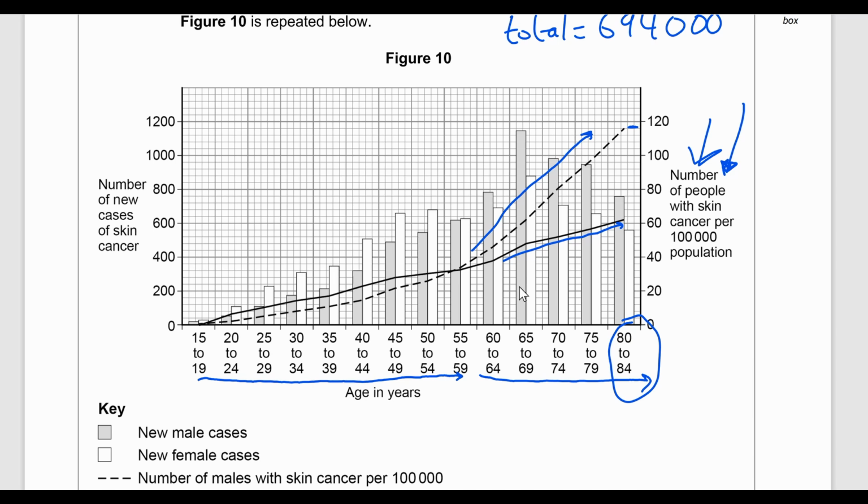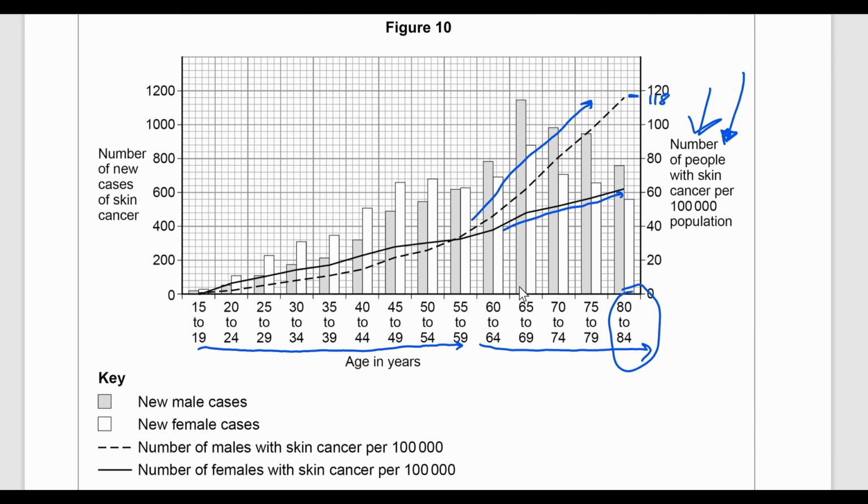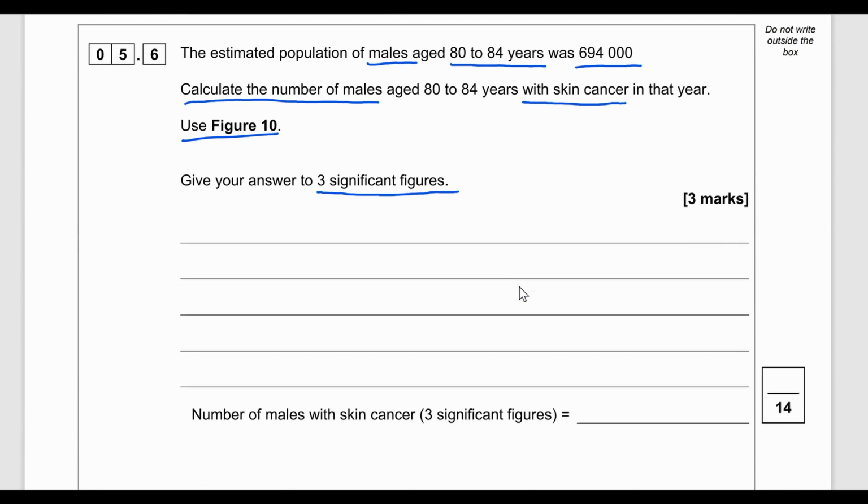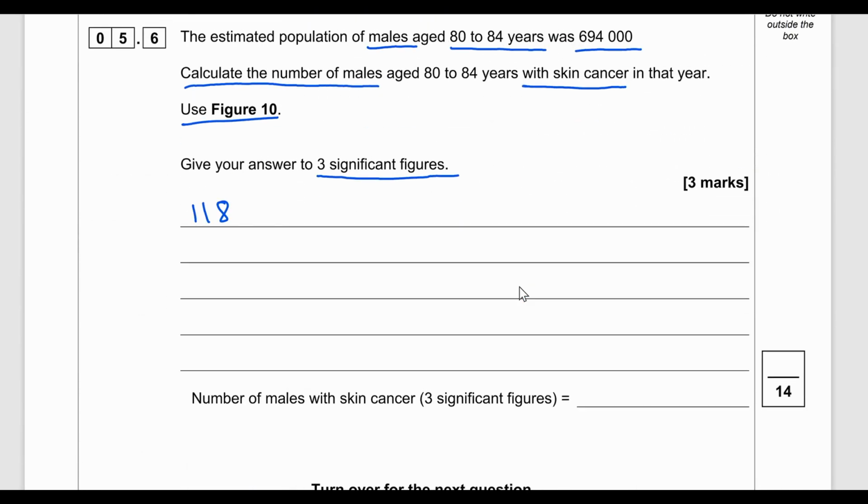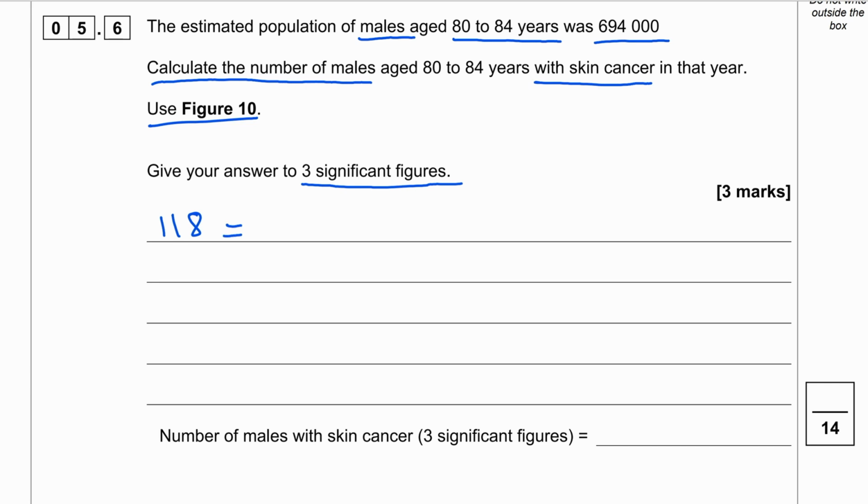So if we look at that line then to the y-axis, we can compare it and then figure out what value that is. So looking at the value, it's going to be 118. So that means that 118 out of 100,000 in our population is the number of cases that we have.